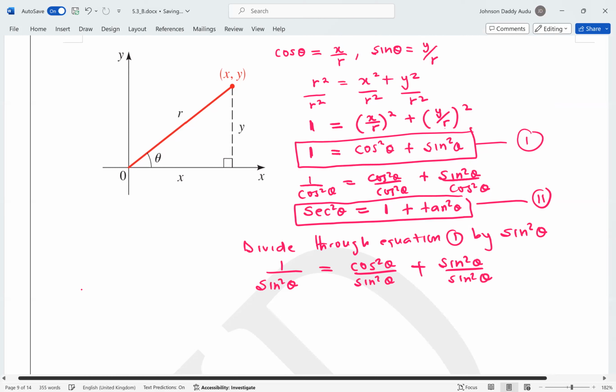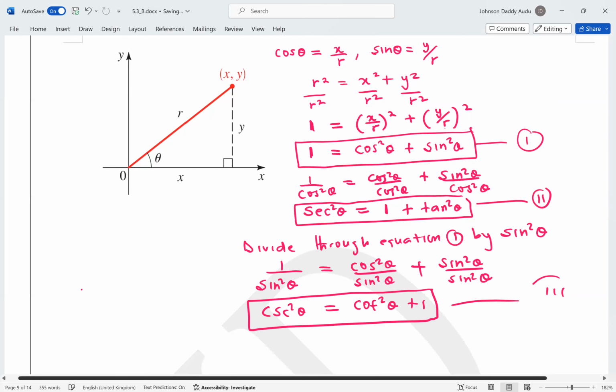Now, 1 over sine squared theta gives us cosec squared theta. And cosine squared theta over sine squared theta is cot squared theta. And this is going to be plus 1. All right, so this is the third.